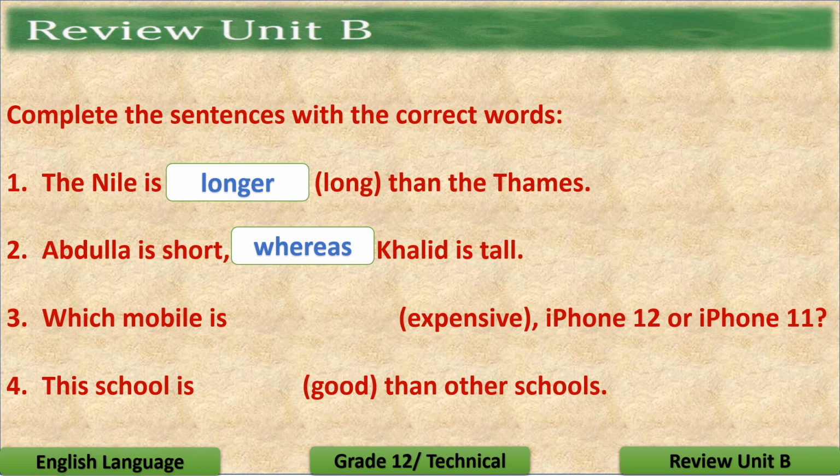And the best answer is more expensive. Excellent. And in the last example, this school is good than other schools. The best answer that makes the sentence complete and correct is better.